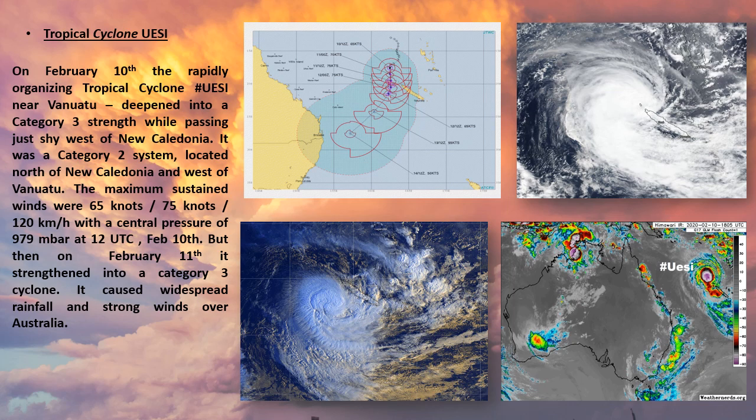It strengthened into a Category 3 cyclone on the next day, and it caused very strong winds and widespread rainfall across Australia.